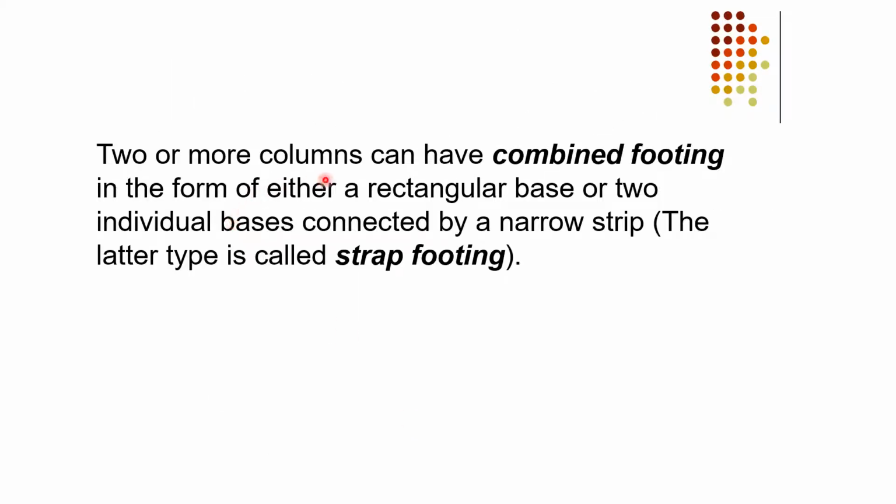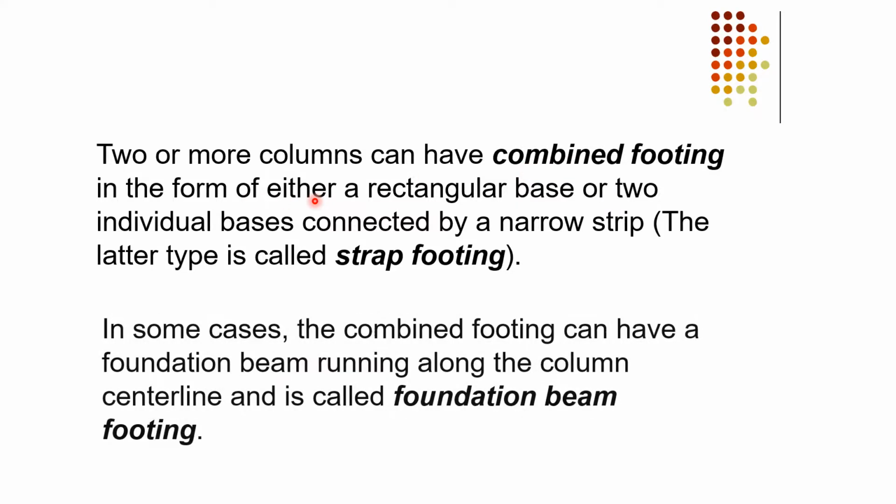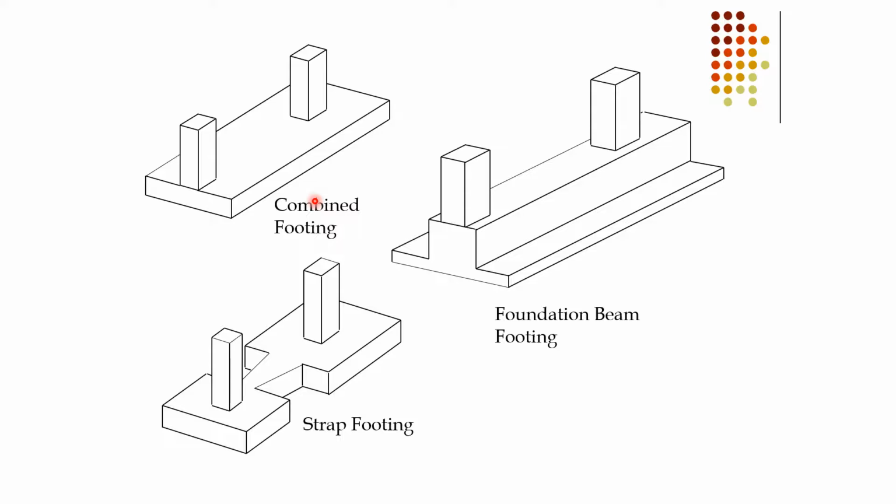Two or more columns can have a combined footing. I have explained the foundation beam footing in the figure here. The two columns are connected with the same foundation slab. So that is a combined footing. If this combined footing is made just by connecting two foundation slabs with a smaller slab element or a beam, that is called a strap footing.